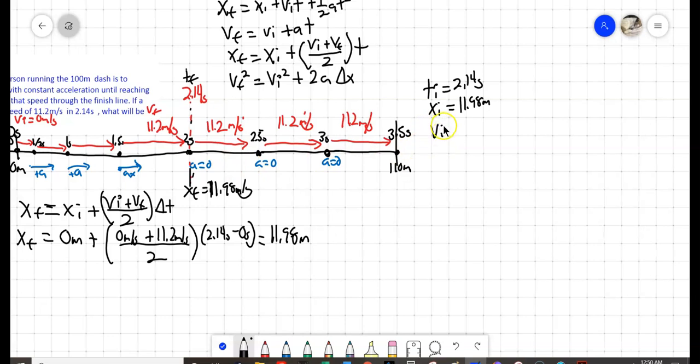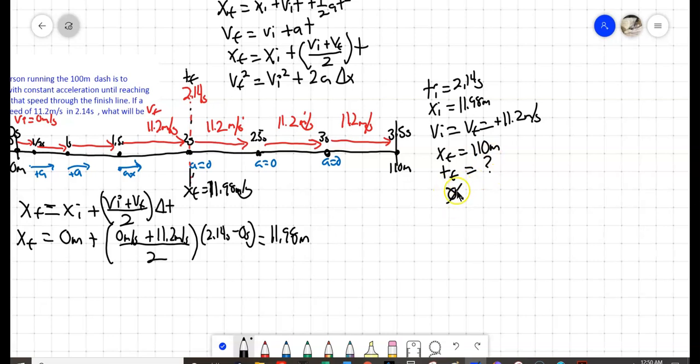And I'm traveling at a constant velocity, which means our final velocity and our initial velocity are both going to be a positive 11.2 meters per second. Okay. And then our final position is going to be 110 meters, where we started here. And now we need to find the final time.